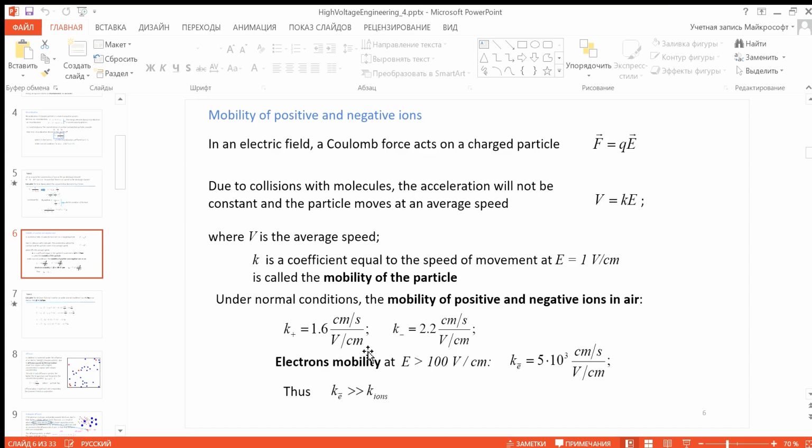Electron mobility at field strength more than 100 volts per centimeter and normal conditions is 5 multiplied by 10 to the power 3 centimeters per second per volt per centimeter. Note that the electron mobility is much higher than the ion mobility, by maybe 3 or even more orders of magnitude.